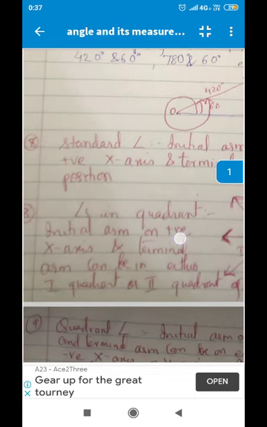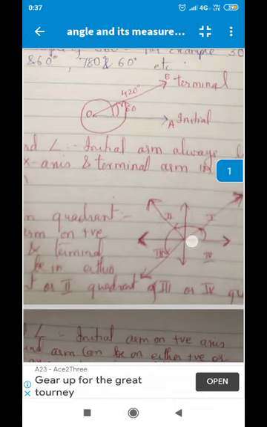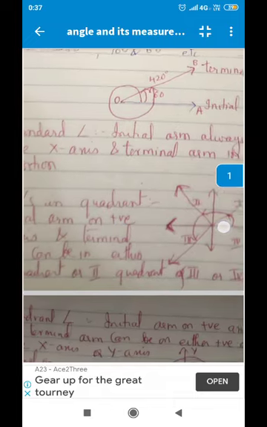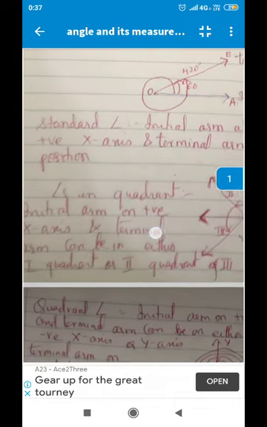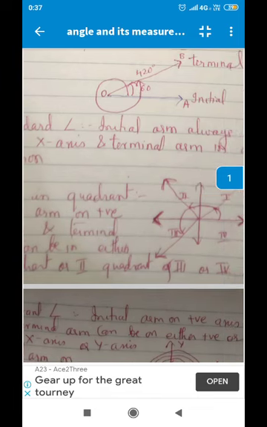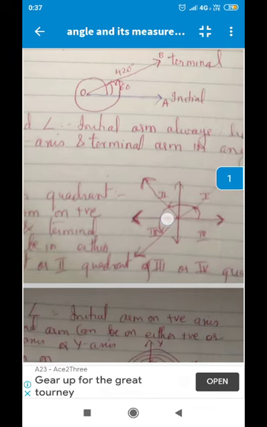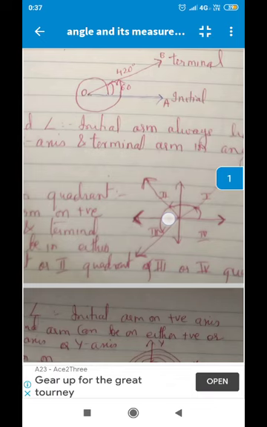Now standard angle. The initial arm always lies on the positive x-axis, and the terminal arm does not have any fixed position. It can be in the first quadrant or on the axis, in the second quadrant, in the third or fourth quadrant, or on the axis.